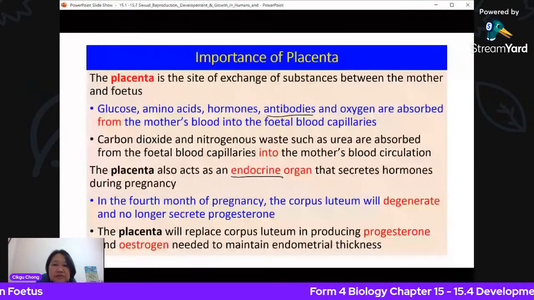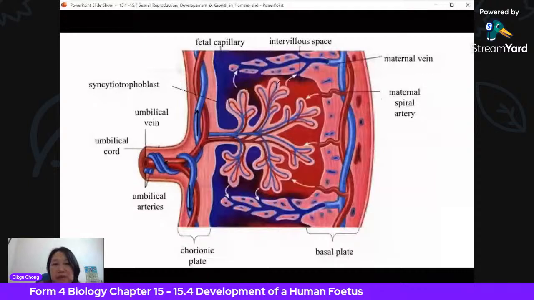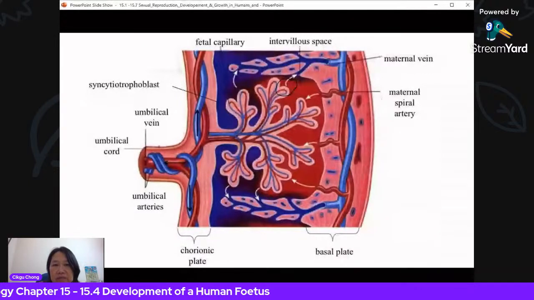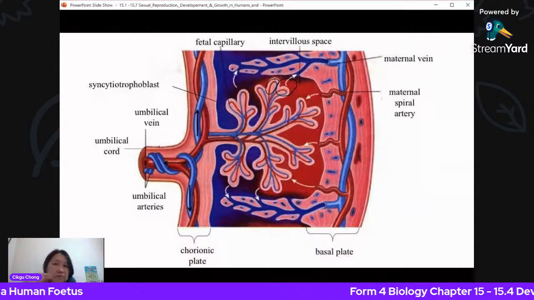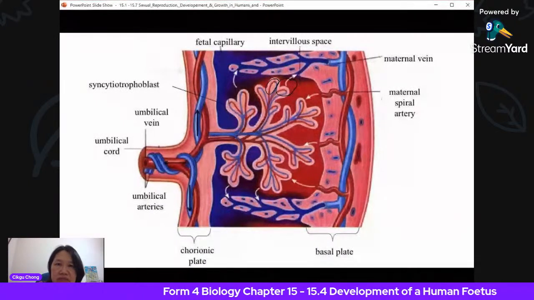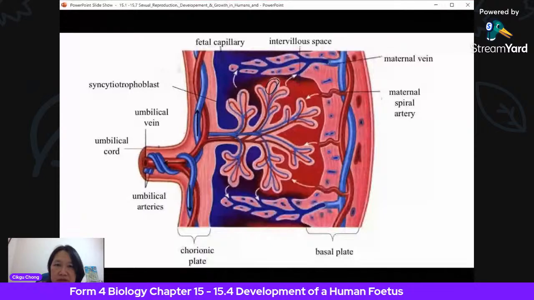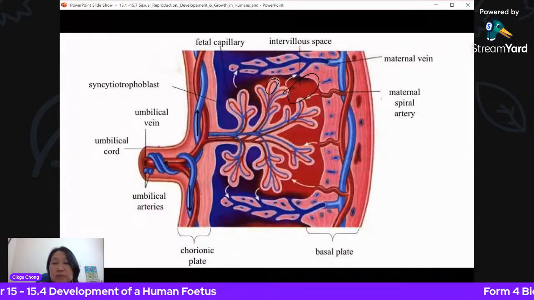Now you can see here, it is important that they do not mix. Can you see here? There is a membrane, the baby's blood vessel or the fetal blood vessel, they are still contained in the blood vessel. And this is the mother's blood over here. This is called the maternal pool of blood. And the blood does not cross over, they do not mix.